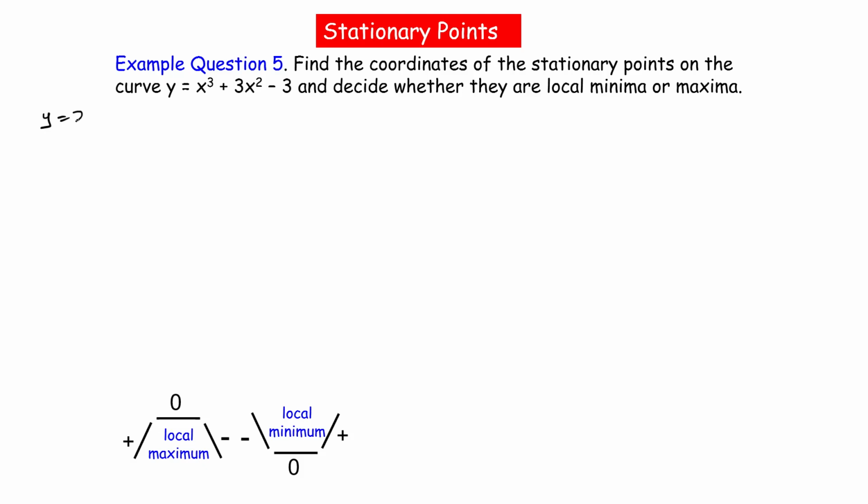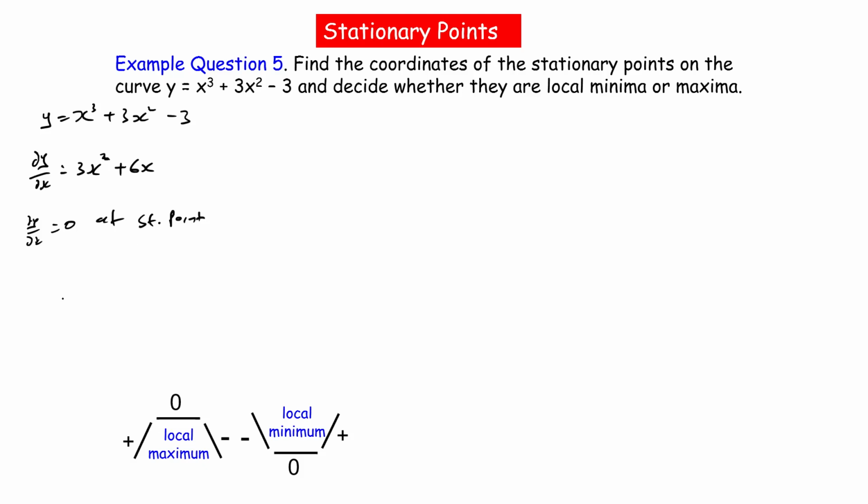Well, we've got y is equal to x cubed plus 3x squared minus 3. Differentiating that gives us 3x squared plus 6x. So at the stationary points, dy by dx is equal to 0.